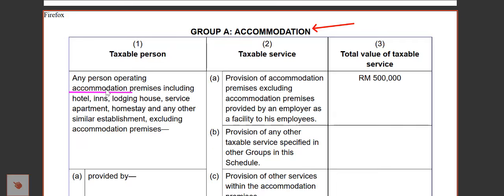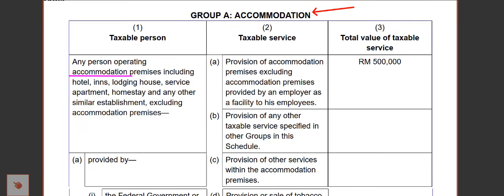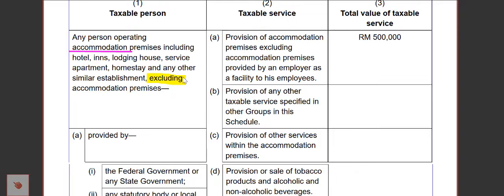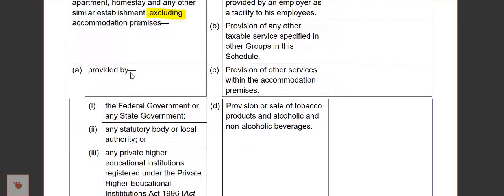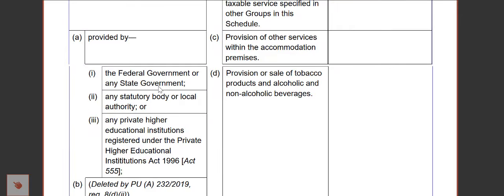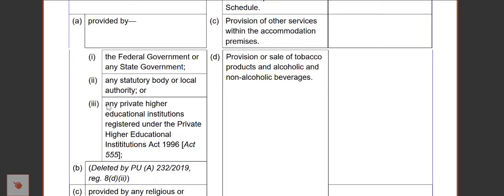You will be considered a taxable person. Now when you read the schedule, be careful to see the exceptions. They have excluded accommodation provided by the government, an authority, and any private higher educational institution.